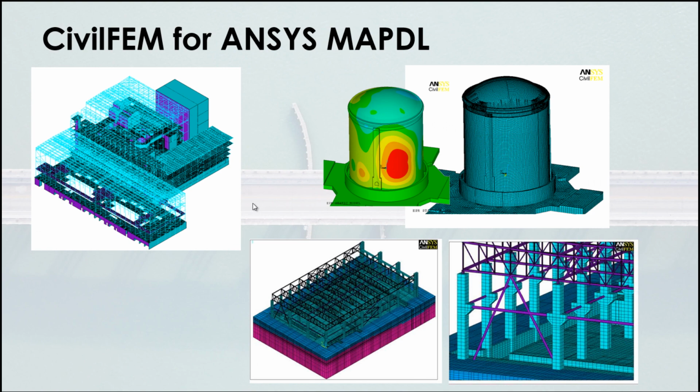Also, there are capabilities for nuclear power plants, for the containment building, and also the rest of the structures, with nuclear power plant codes and standards to check and design the steel and the concrete part.